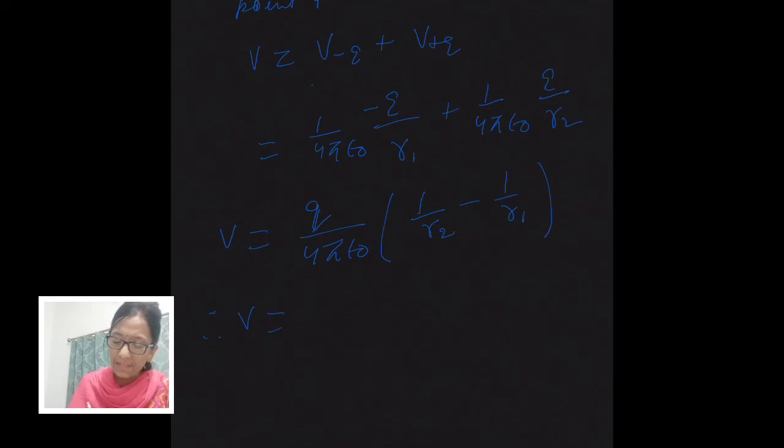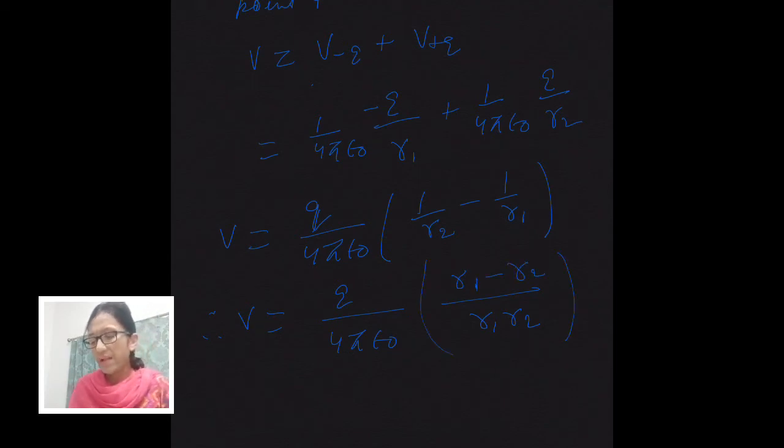Therefore, potential is equal to q upon 4 pi epsilon naught, r1 minus r2 upon r1 r2. So let us find the value of r1 minus r2 and r1 r2.